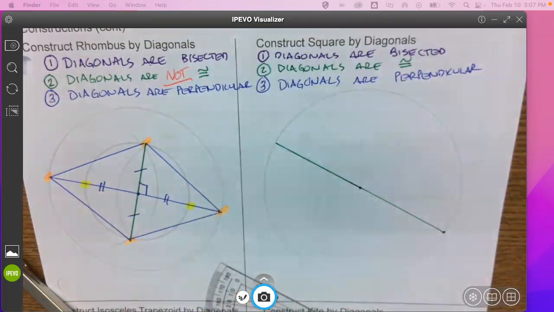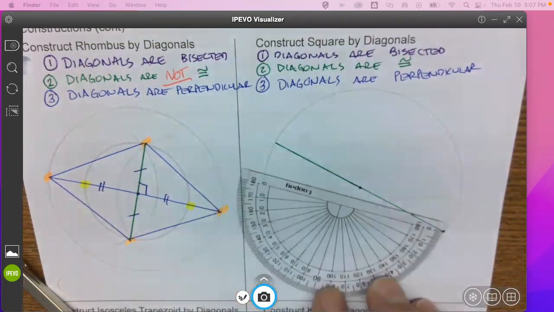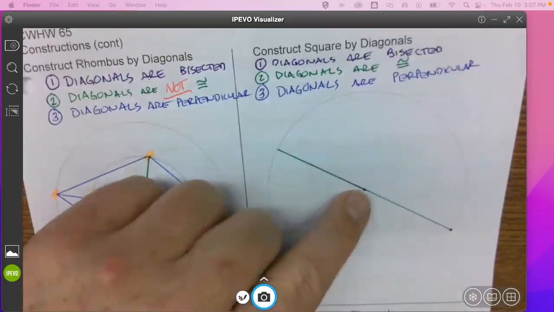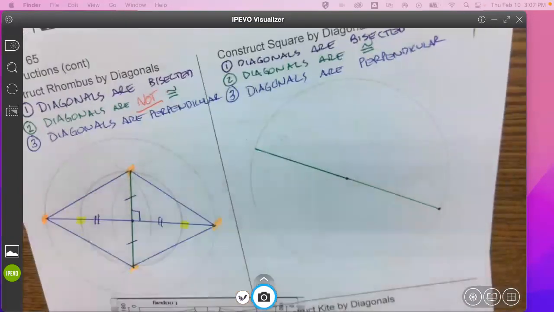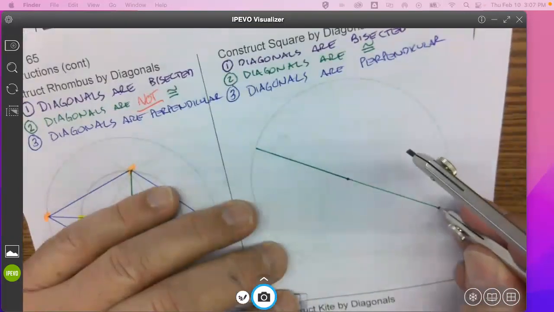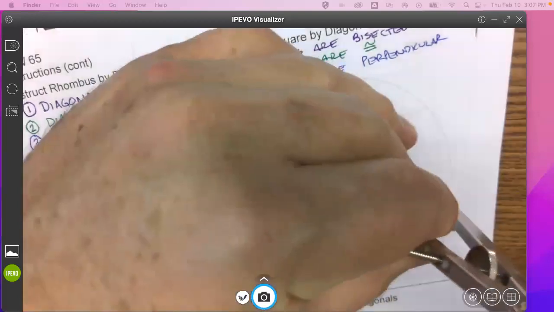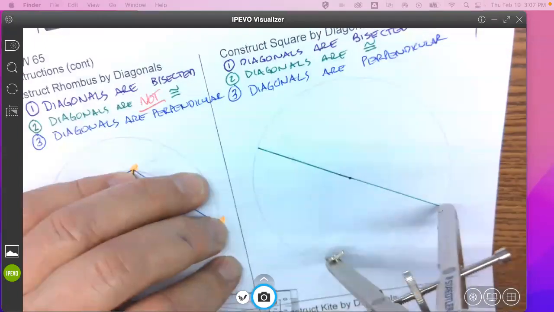Because the diagonals are congruent, just one circle. But before I draw this other one, I need them to be perpendicular. So I'm going to have to make a football through this point. Got to make them equidistant from both sides. So I'm going to go from this side more than halfway.